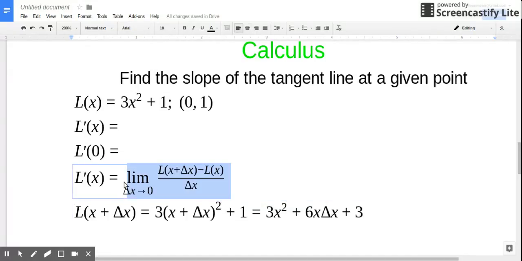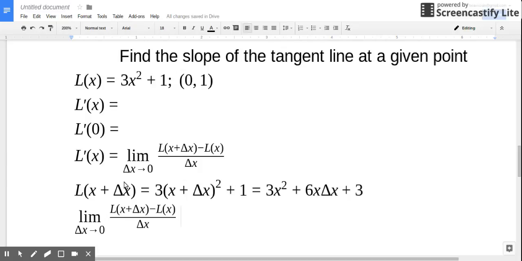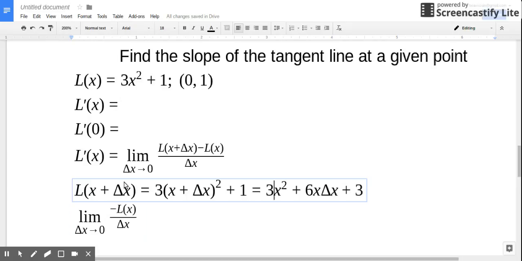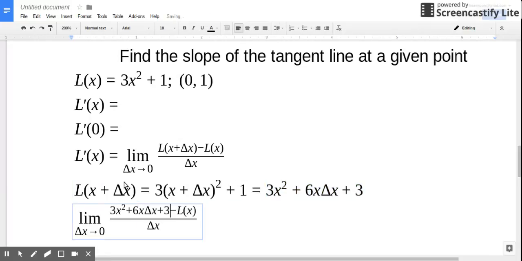So let's go ahead and write this stuff in. All right, so that's that part. And then we have minus. Now remember, because of that minus sign, we've got to distribute that minus.